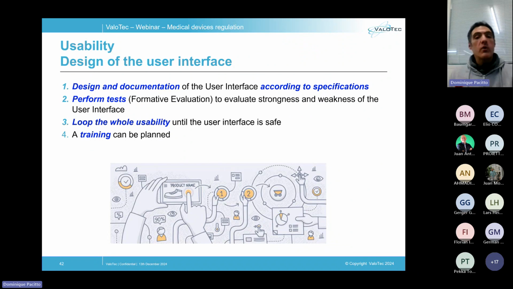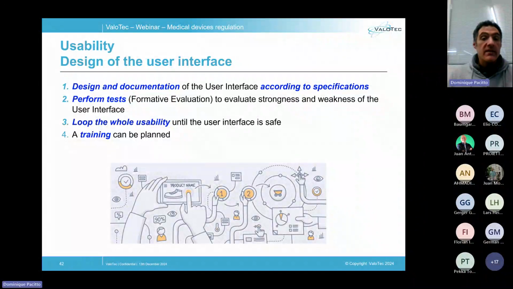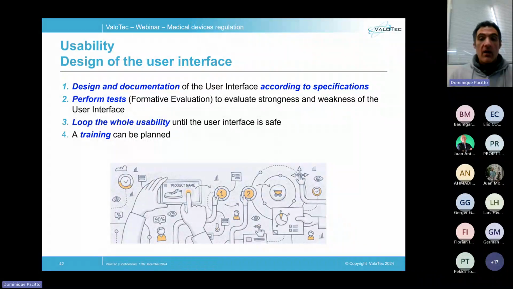Also avoid too innovative interfaces, because most of the time they are counterintuitive. The manufacturer can set up, in the context of this article, training to help to use the device safely, but I advise to set up this training only as a last resort, because it increases significantly the documentation level, and you have to provide evidence that the users have been properly trained.